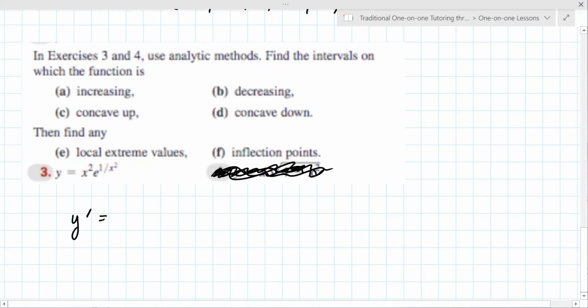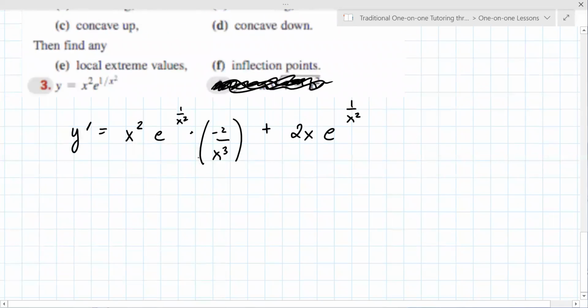So your first derivative is product rule: x squared e to the 1 over x squared times -2 over x cubed, plus 2x e to the 1 over x squared. You can look at that later if you want, but you only simplify if you're going to reuse the derivative, and we are, because we're going to take a second derivative.